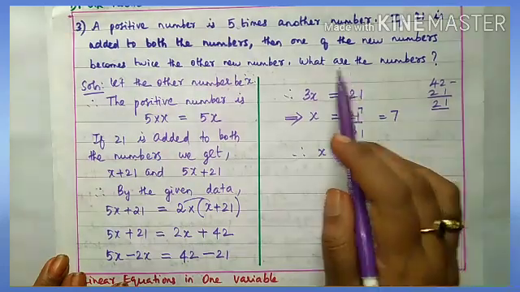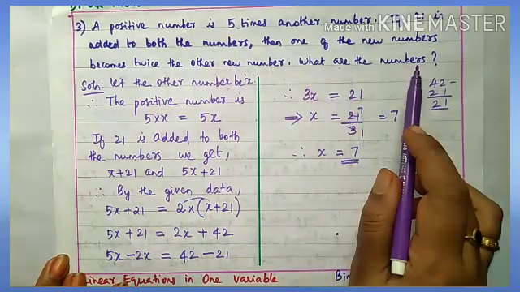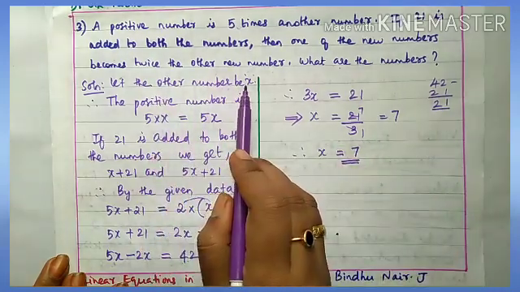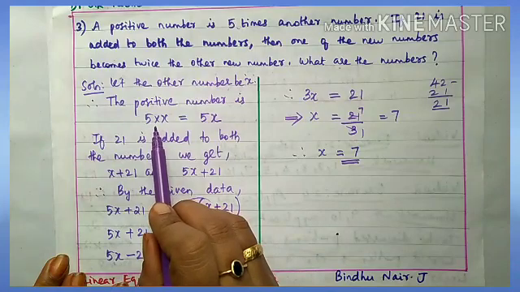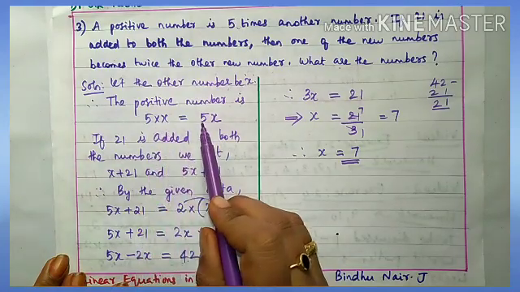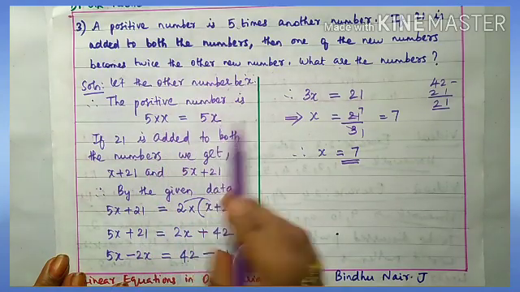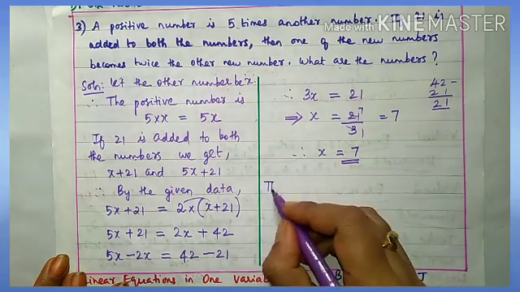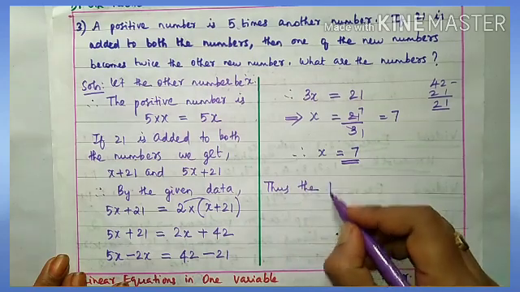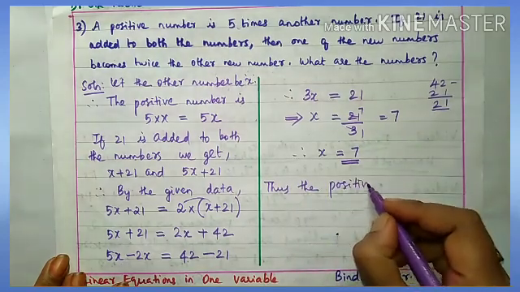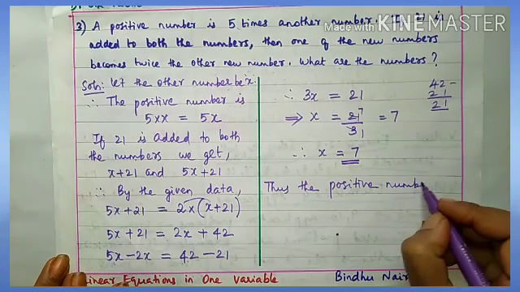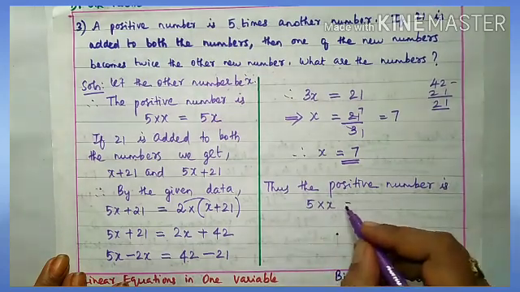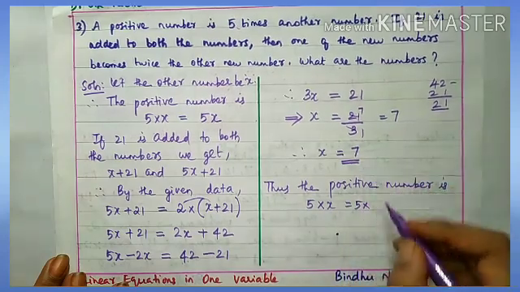Okay, so what is asked in the question? What are the numbers? What is this number x? Yes, the other number is x. So what is our positive number? 5 times, so we multiply 5 into x. We can write the conclusion like this. Thus the positive number is 5 times x, correct? So 5 into, what is the x value? 7.